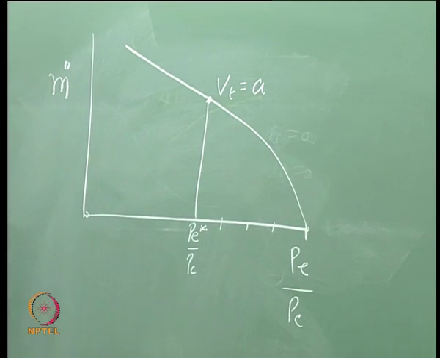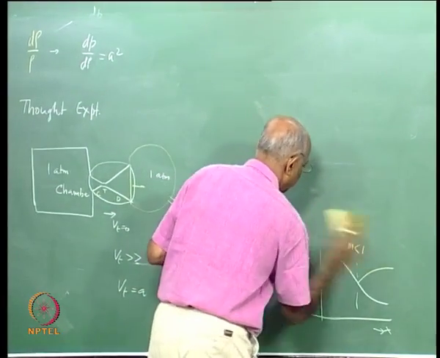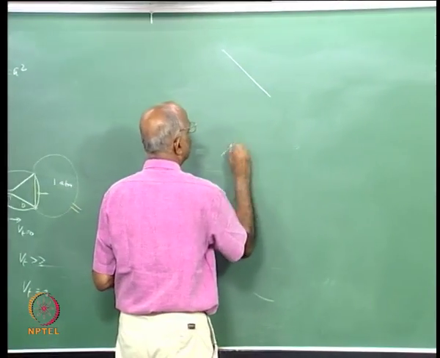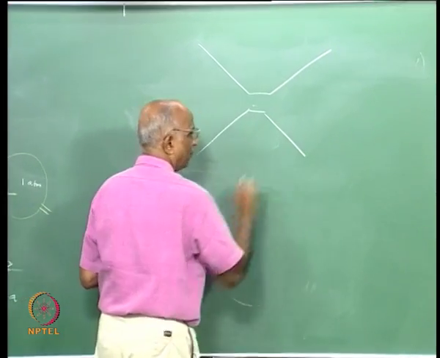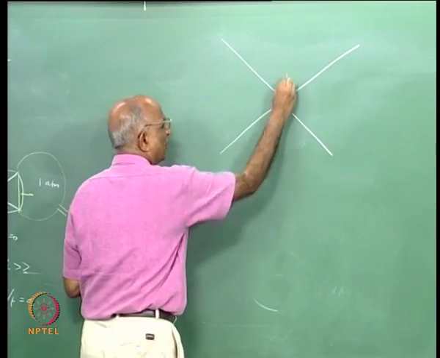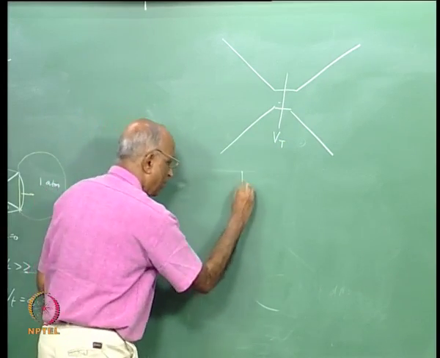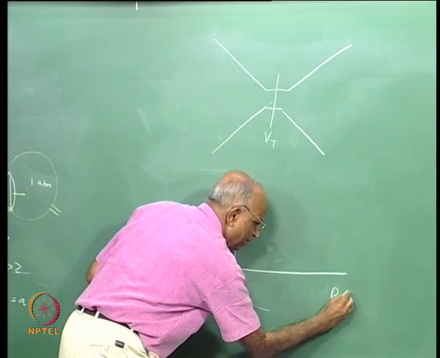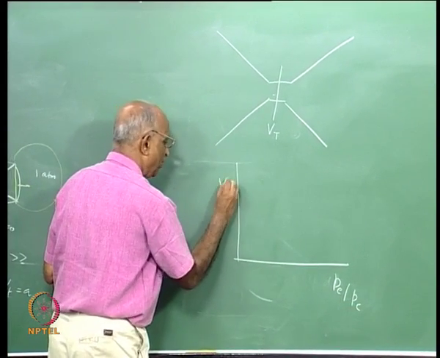Therefore, at that point in time, what is happening? Let us sketch out the nozzle in a bigger way. I left this gap for this purpose. I have the convergent, the throat, the divergent. Let us plot the value of the velocity at the throat, I call it Vt. For the same figure which I have drawn there, I have PE by PC as a function of Vt.